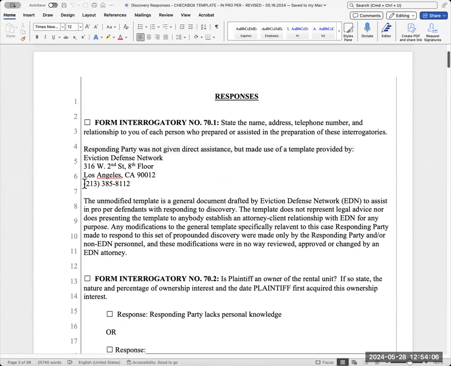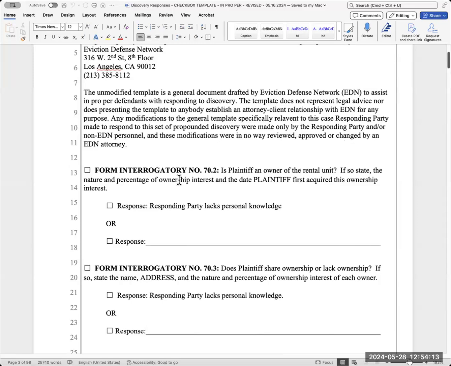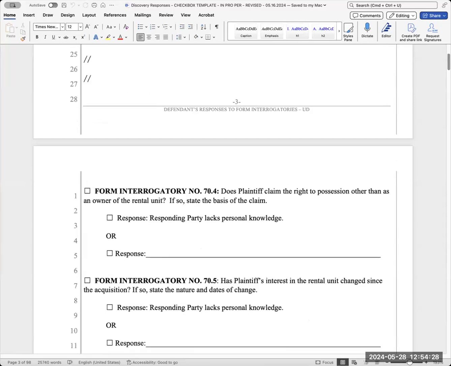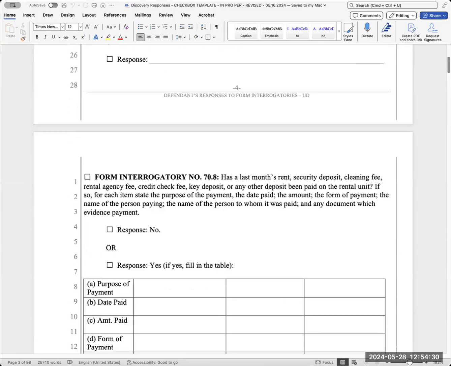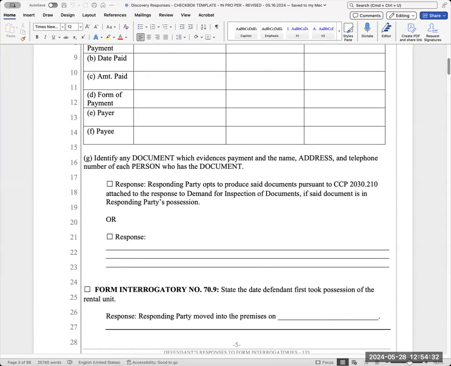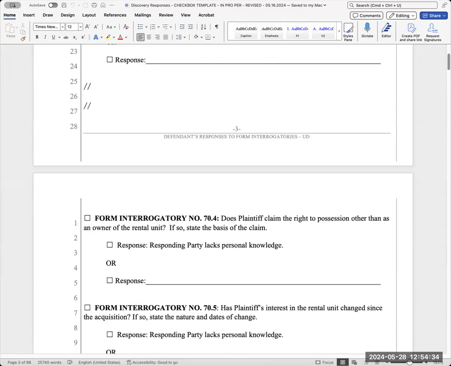The only thing that will change, of course, is as you add your responses, as you write things, then these interrogatories will move down. That's fine. It's okay for there to be more pages with responses as long as the formatting over here is correct. And initially, before you type in anything, all the questions should look exactly like they are right now in what I'm sharing on screen. Okay.